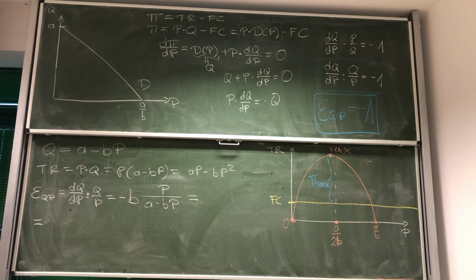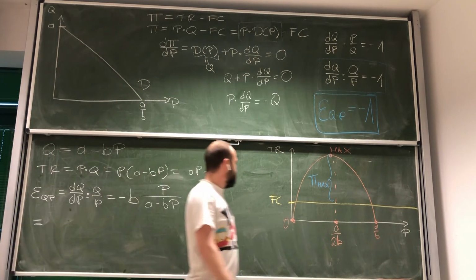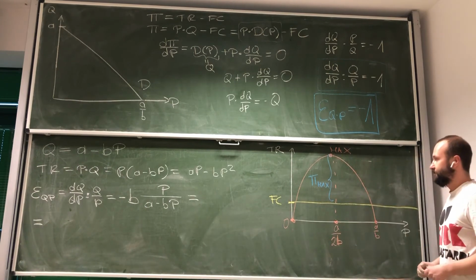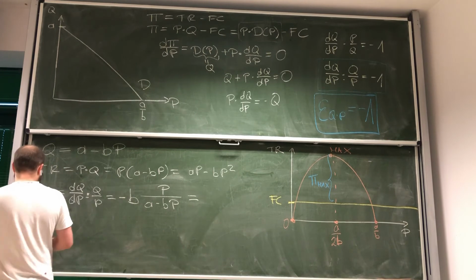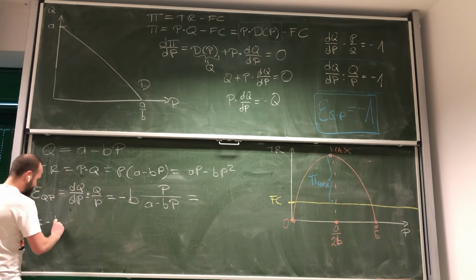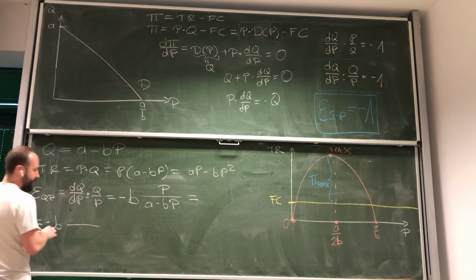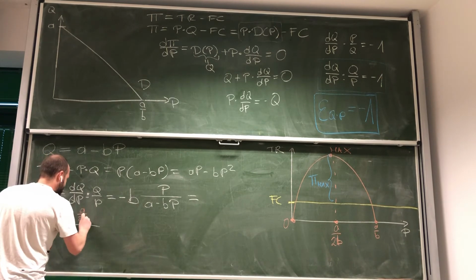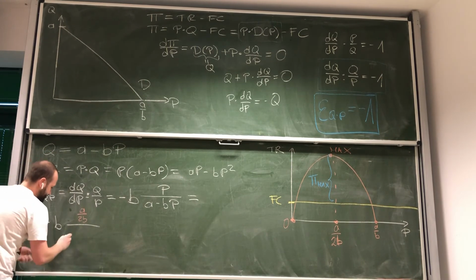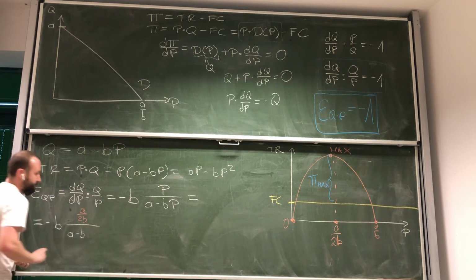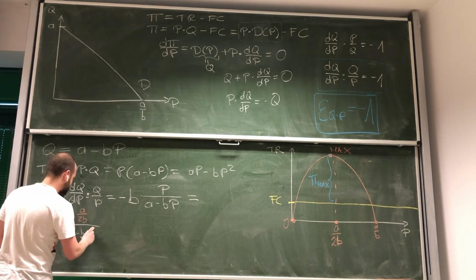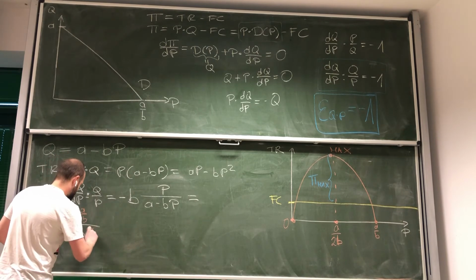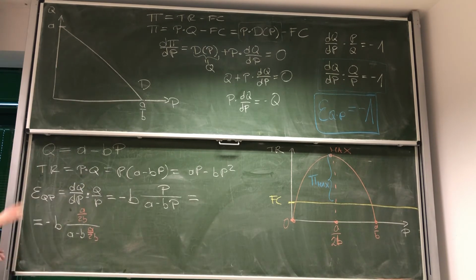Now, what will happen if the price I'm going to choose is going to be A over 2B? Well, let's see. So, we've got that this is equal to negative B over A over 2B times A minus B times A over 2B.